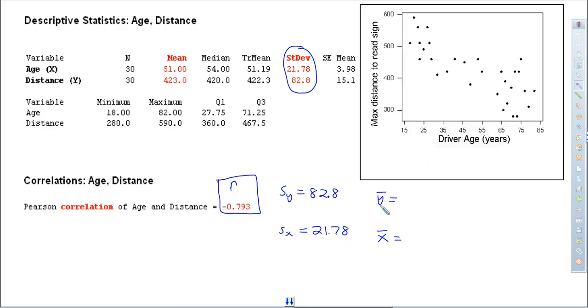And the mean of the y's, here are our means. Same thing, just make sure to pick them out appropriately. The mean is 423 for the y's, and the mean age, the x's, was 51. And after that, it's all just plug in to get those values.